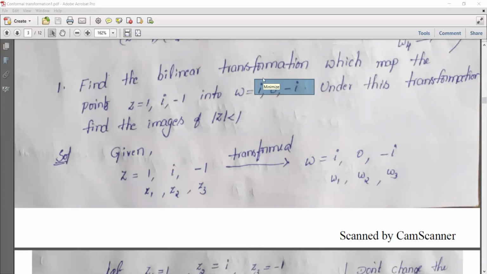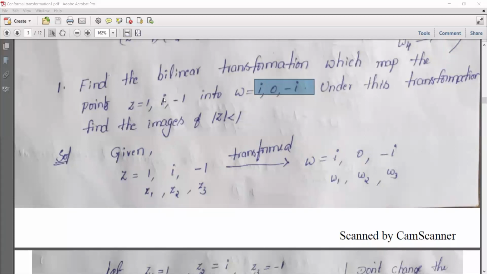Here, 3 points in Z plane transform to some other 3 points in W plane. Before starting the problem, everyone has to remember one condition. Here, 1 in Z plane is transformed to I in W plane. To take 1 as Z1, we should take I as W1.